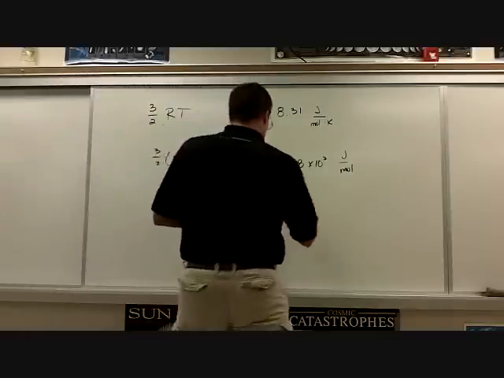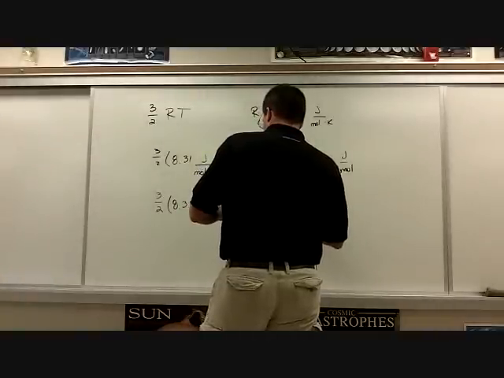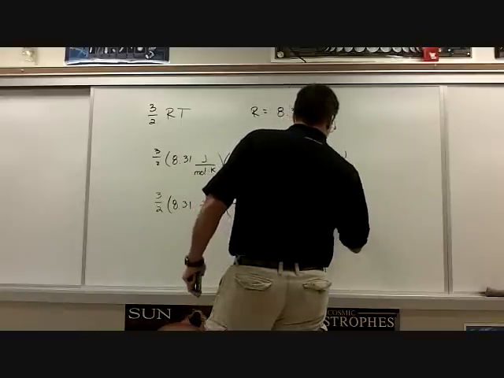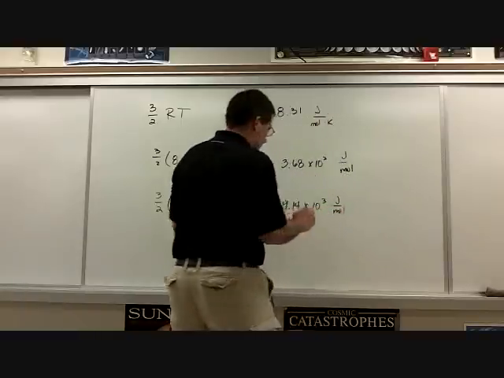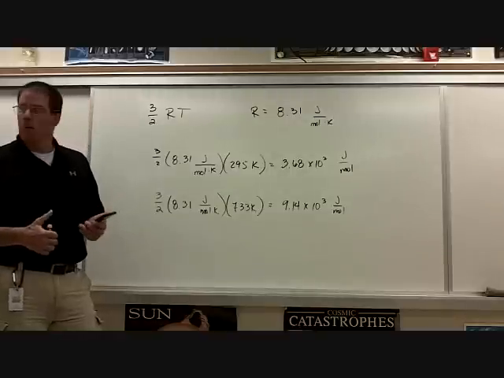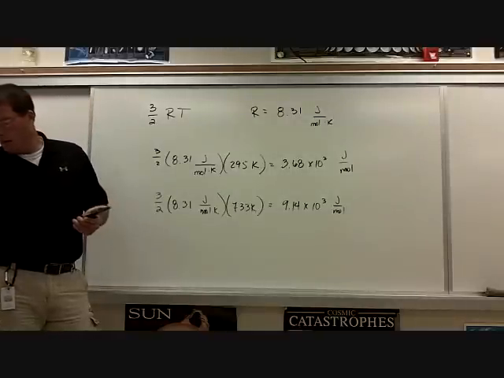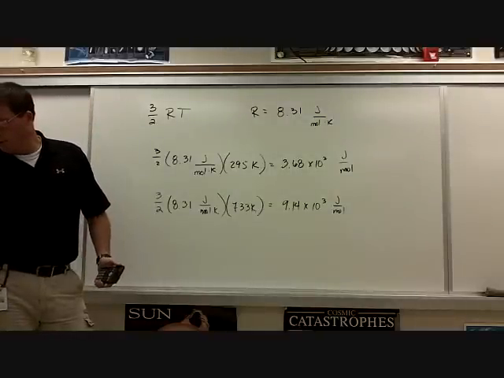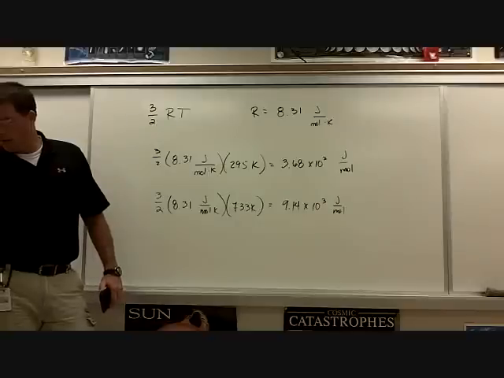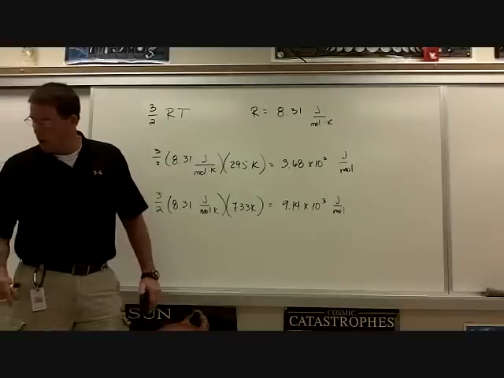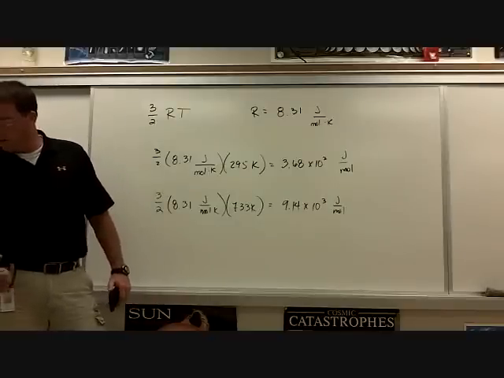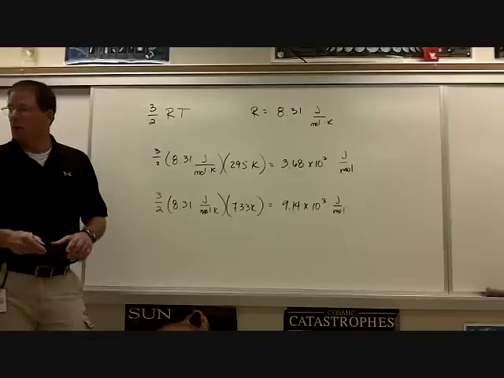So that's about 9,114 joules per mole. Did everybody get those? Try number 2 on your own. Don't look up here. Number 2 says calculate the average kinetic energy of chlorine molecules in a sample of chlorine gas at 295 and 733 Kelvin.